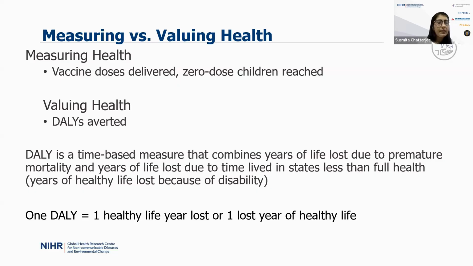Zero dose children means the children who did not receive any vaccine before and got the first vaccine in the immunization program. We call them zero dose. The children who did not get any vaccine. So how many of those children were reached by the intervention I am talking about? These are easily measurable outcomes, isn't it?